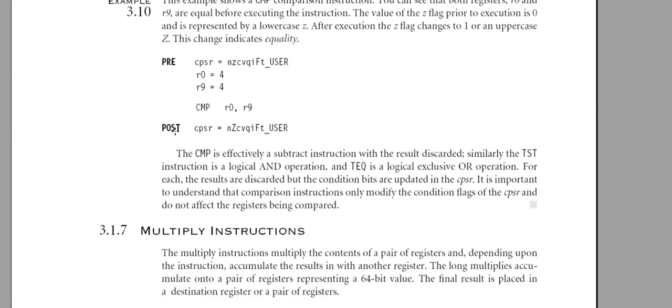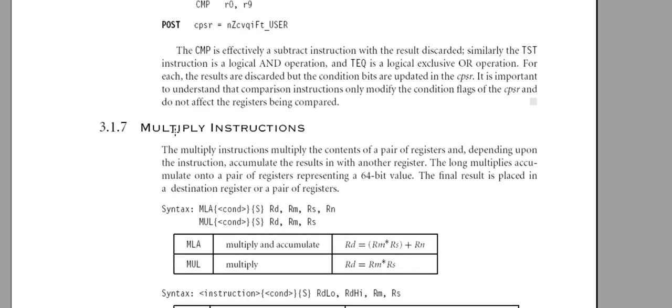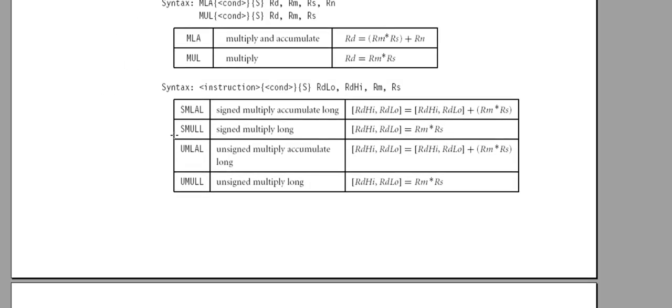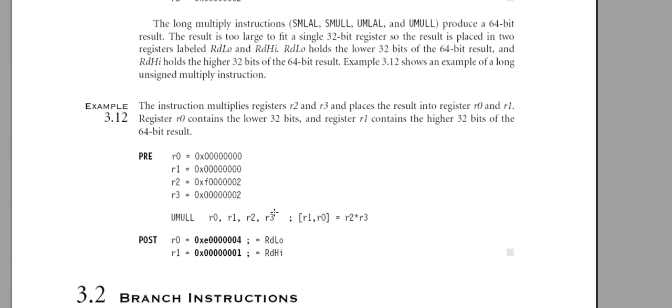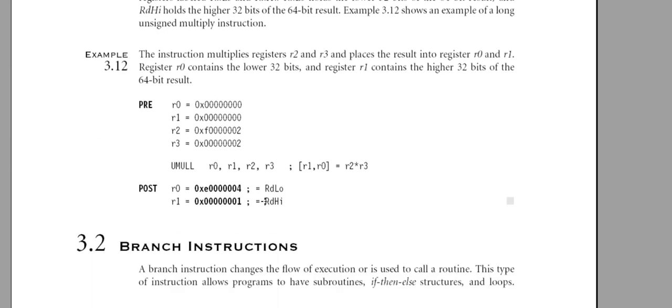Go to the multiplication instructions, and check which one we are doing: unsigned multiplication long. So the first register is the higher and the second is the lower.